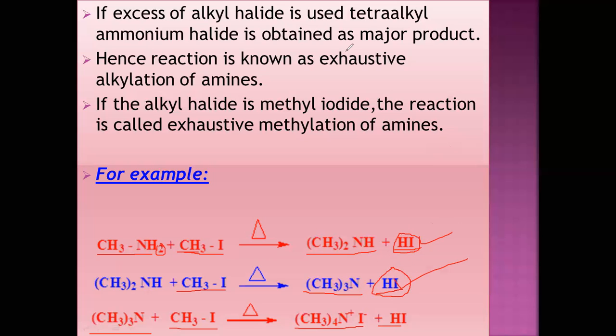Understood, student? This reaction is called Hofmann's exhaustive alkylation reaction, or alkylation of amines. Exhaustive alkylation of amines. Now this is the first chemical property of amine, which is very, very important.